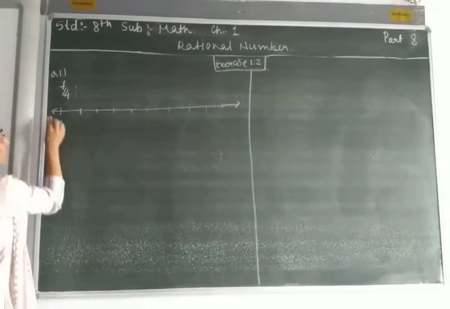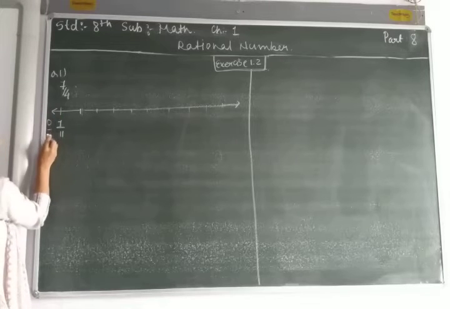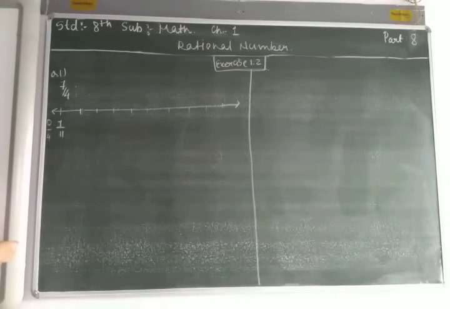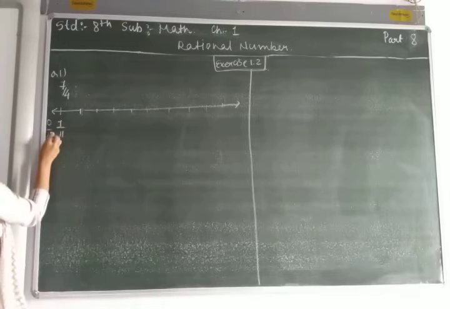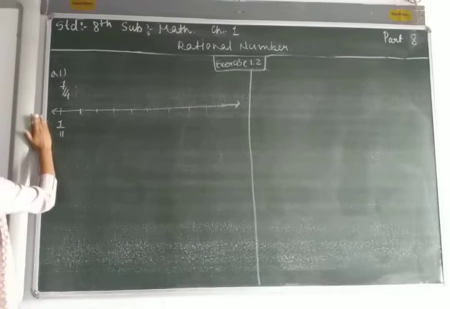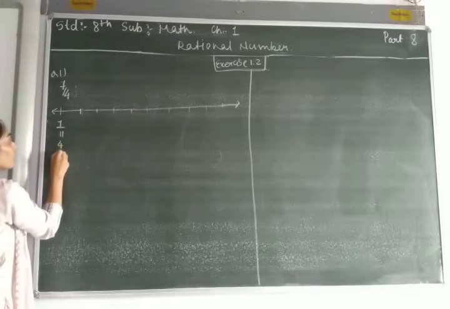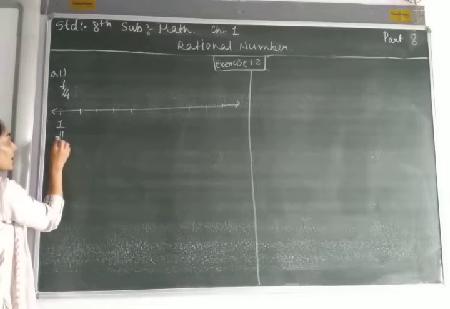Here we have 0 divided by 4, then 1 divided by 4, and all those fractions. 4 divided by 4 means 1 I am getting over here.